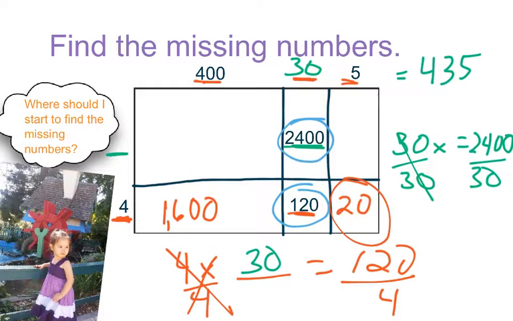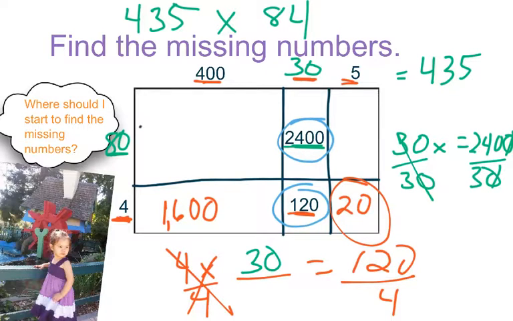And I notice that that number is 80. Now I only have a couple more missing squares. Now that I have my numbers that I'm multiplying, which is 435 times 84, I can solve the rest of my missing numbers.